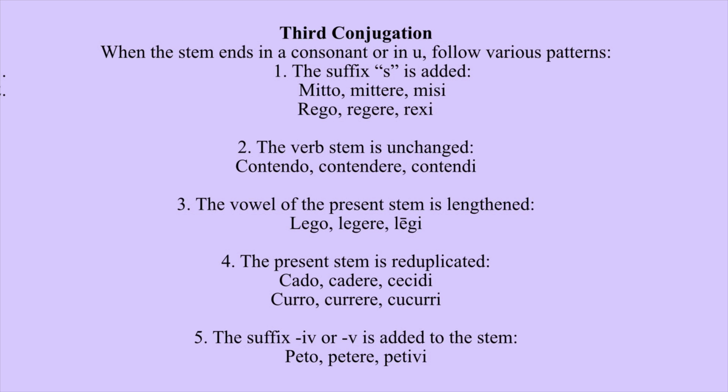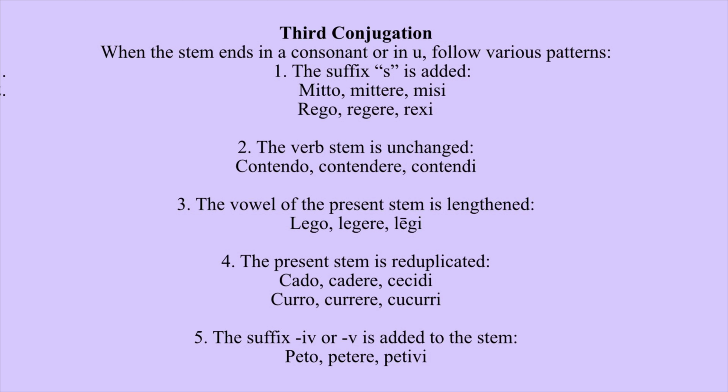So often the suffix S is added. For example, we see mitto, mittere, misi, right? So S taking the place of the T, or rego, regere, rexi, right? So here the X really is a combination of G and S. So rego, regere, rexi, the GS coming in and acting as an X.